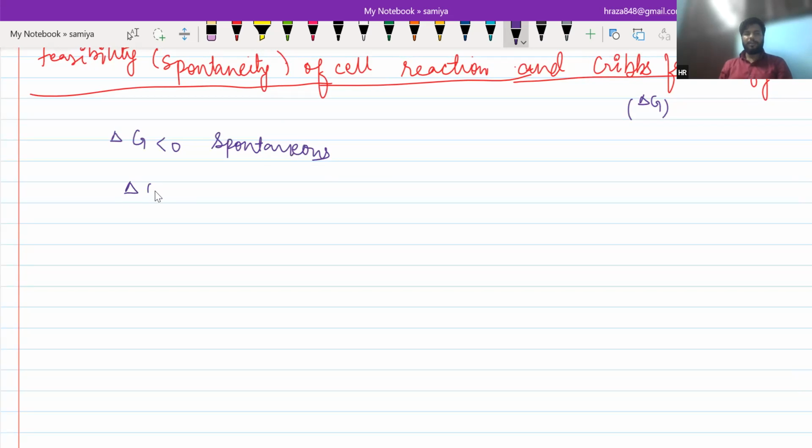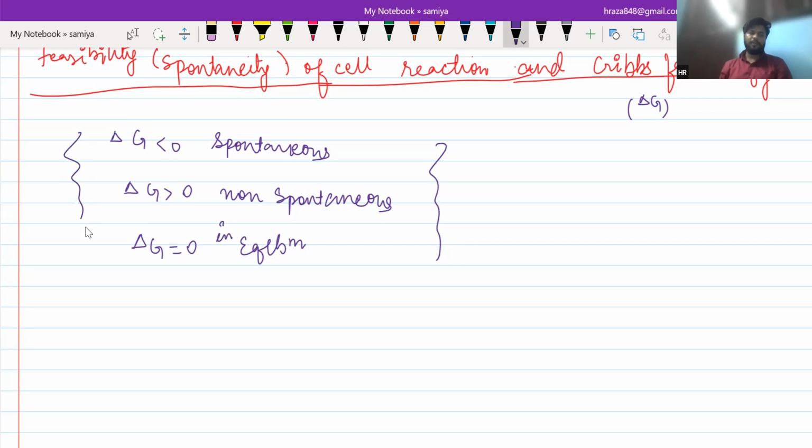If delta G is greater than 0, that means it is non-spontaneous. And if delta G equals 0, that means the process or the reaction is in equilibrium. So please write it first. Then I will give you a formula from thermodynamics.